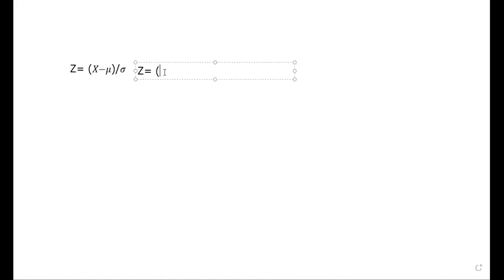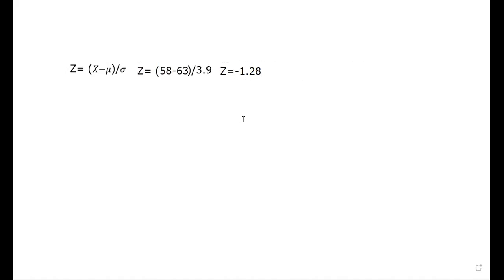So x is 58 minus 63, in brackets, divided by the standard deviation 3.9. Using this formula, you can find your z-score. Subtracting, we get 58 minus 63 divided by 3.9, so our z-score is minus 1.28.